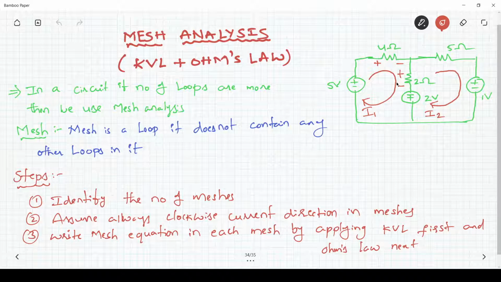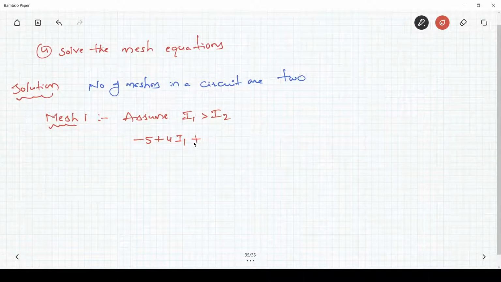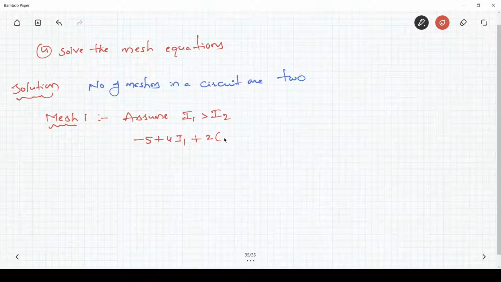Because I assumed I1 is greater than I2 while writing the mesh equation in mesh 1. So I write plus 2 into (I1 minus I2).